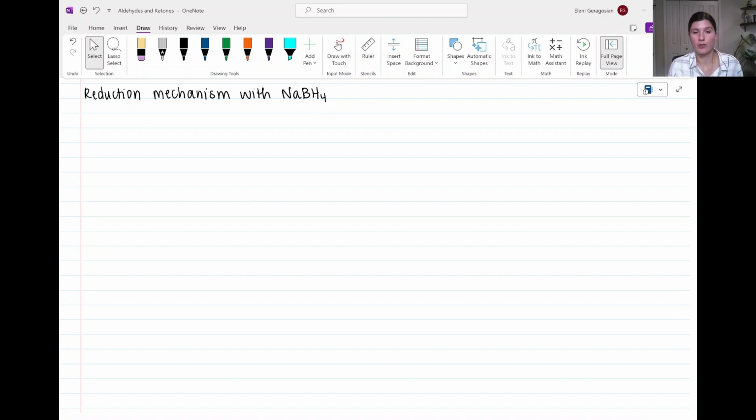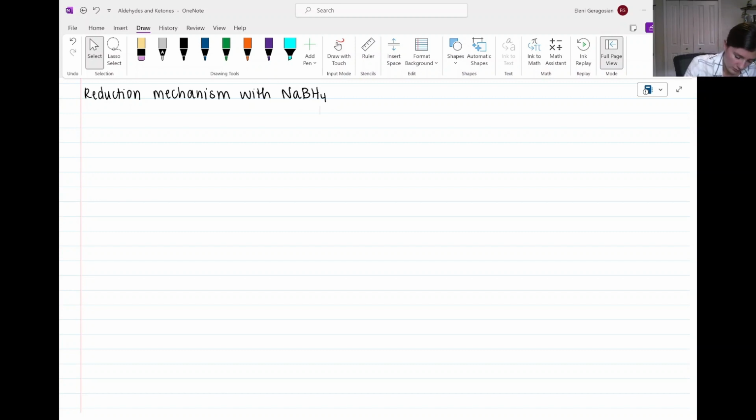Now, the first step in the previous video, we saw lithium coordinating with the oxygen. Well, sodium isn't as strong a Lewis acid as lithium. So for sodium, we won't show that coordination, and that means that sodium can be in the presence of a protic solvent, so a weak acid.